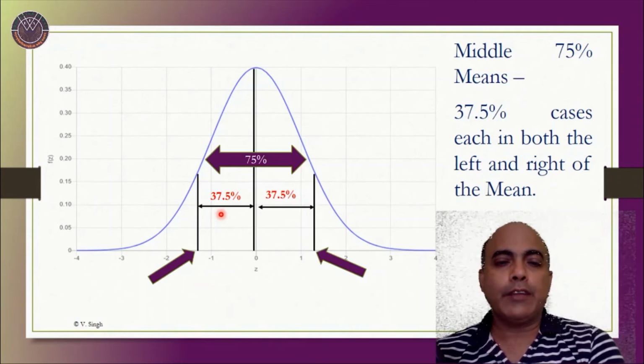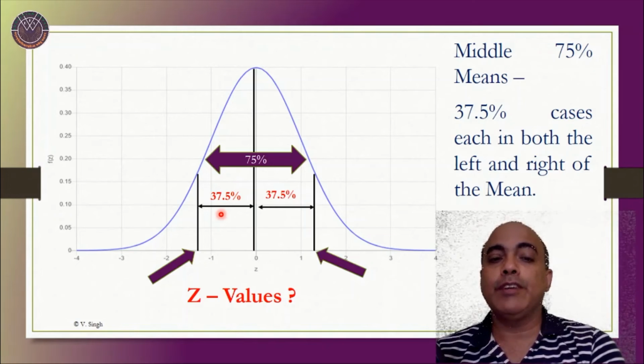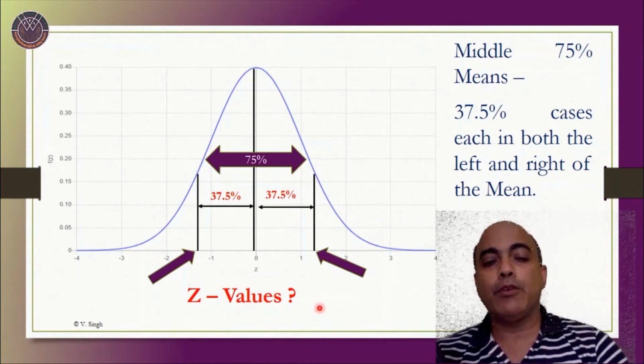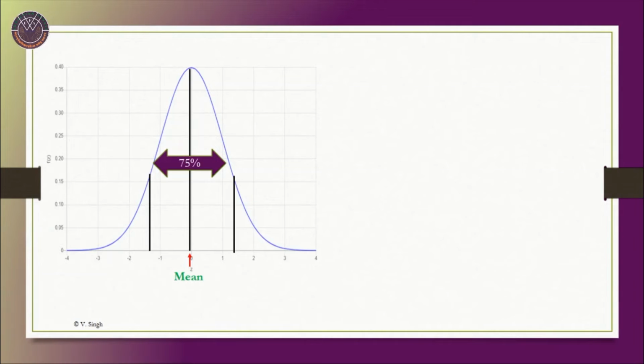So actually in this particular problem, we need to find out the Z values. First we have to determine the Z values so that we can get the raw scores. Let's see the situation in the graph. We can see that the mean is in the middle and 75% cases are spread like this.